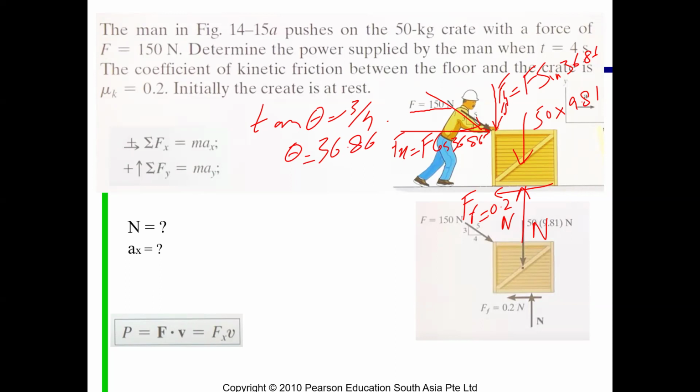So students, can you help me in executing this? If I first go for Y, the sum of forces in Y, what should I write? What forces do you see in Y?